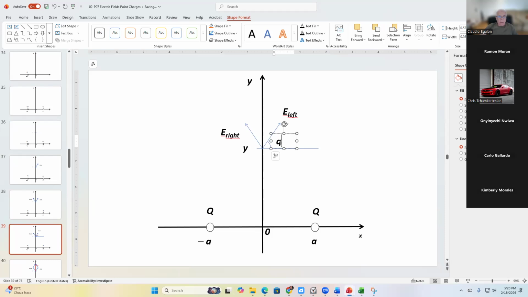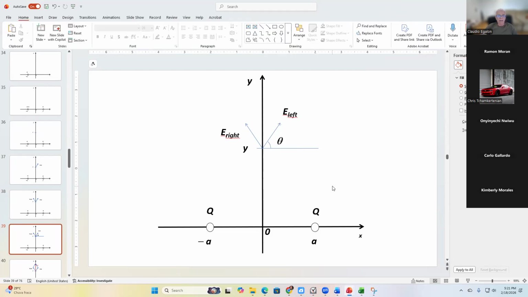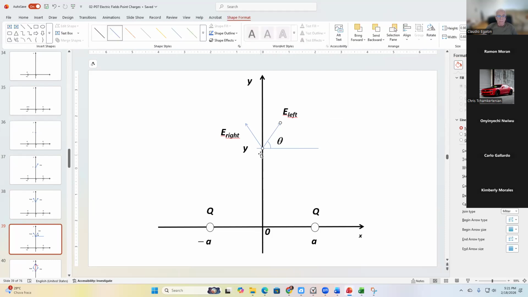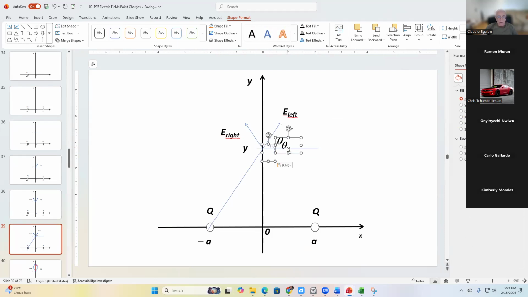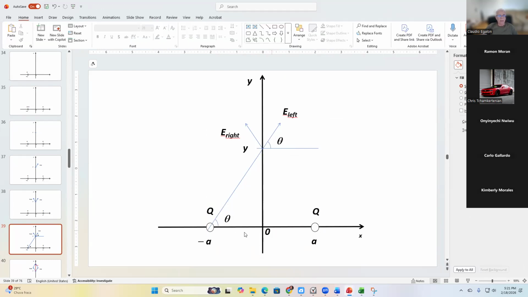And then this is theta. That's the angle theta. But this one too is the angle theta. This one is also the angle theta, right?